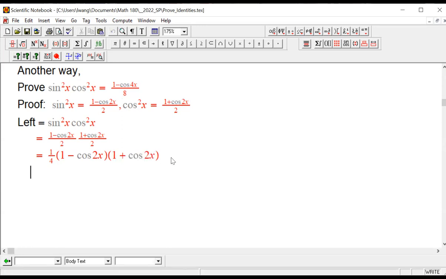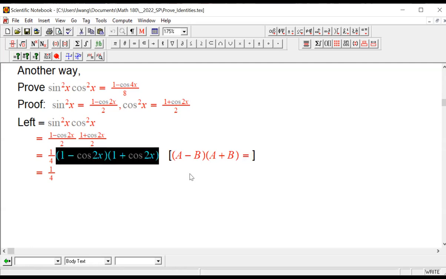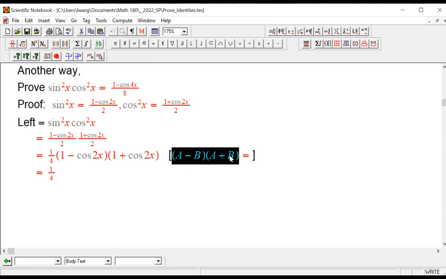And then we got 1/4 of a minus b times a plus b. This is another very commonly used algebraic formula. This product reminded me of that formula, and it equals a squared minus b squared.